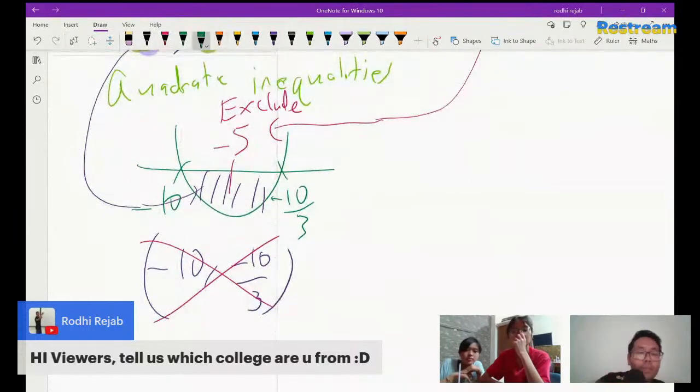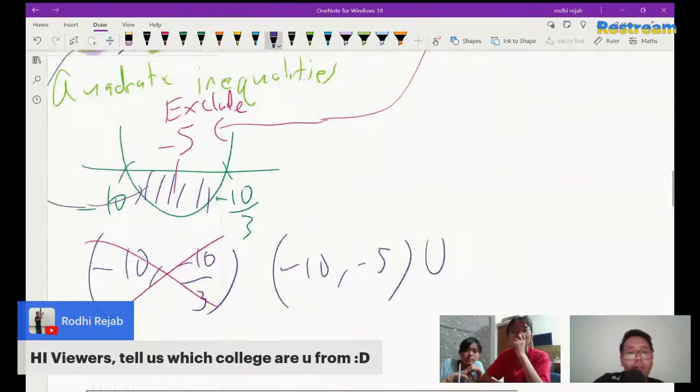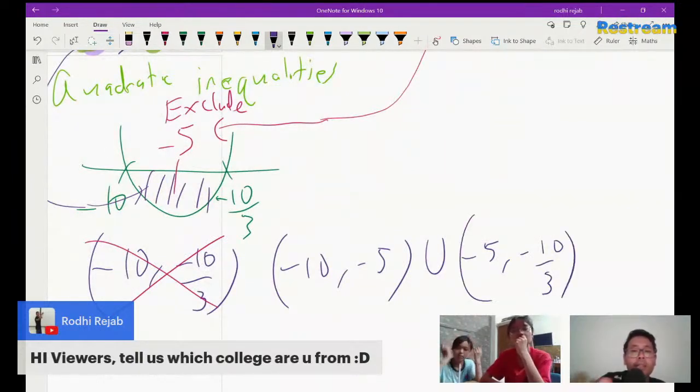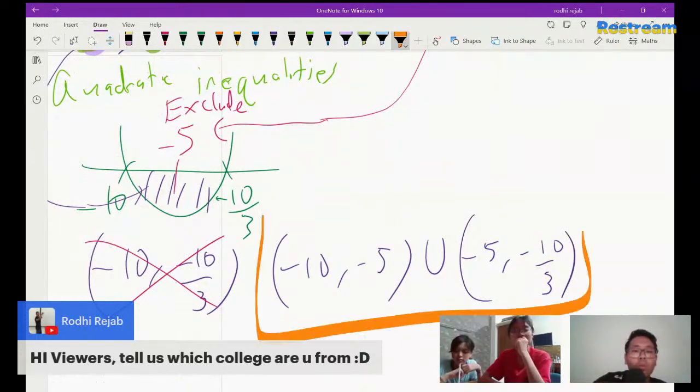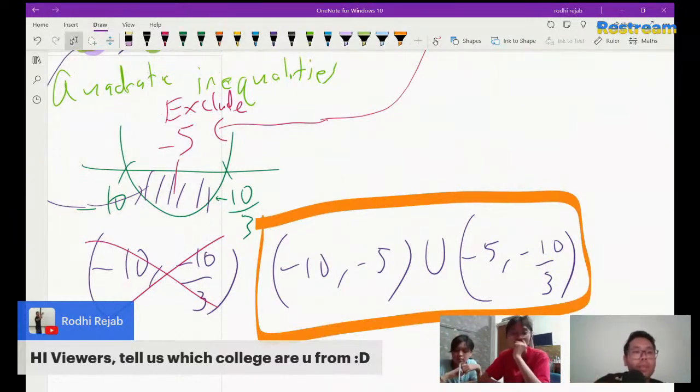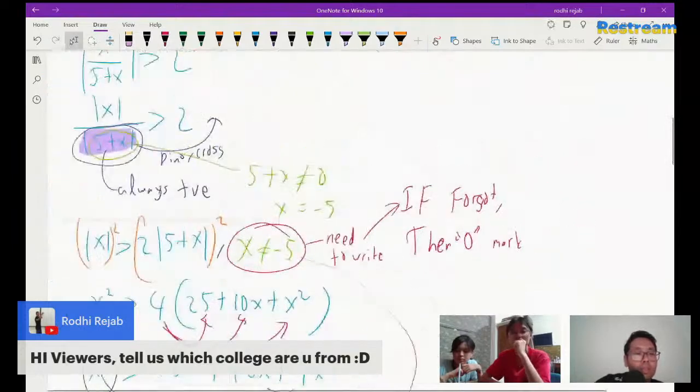So now most people will write down something like this: negative 10, negative 5, union, and negative 5 or negative 10 over 3, which looks now identical to what we have answered just now in this other method.